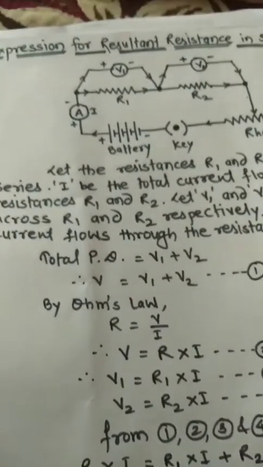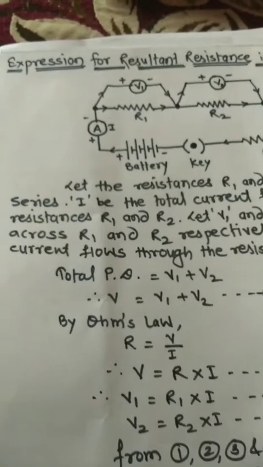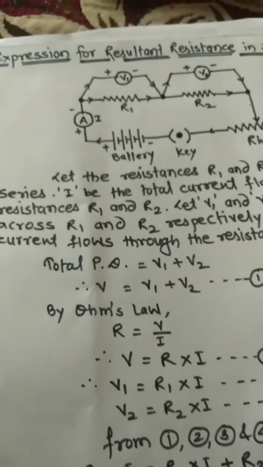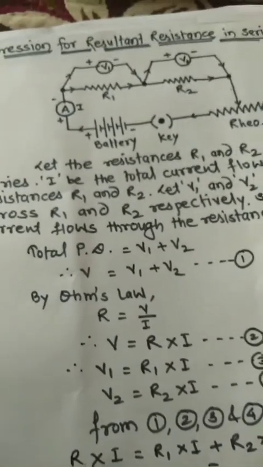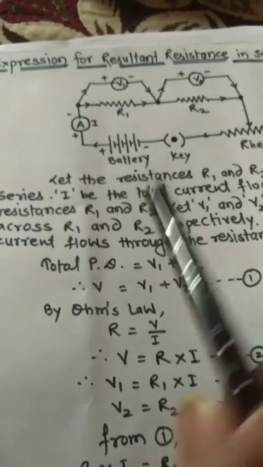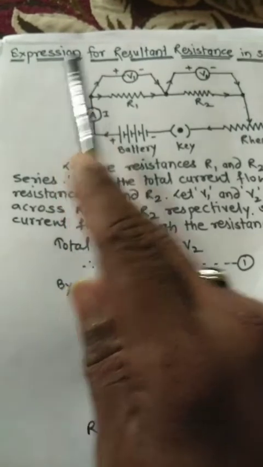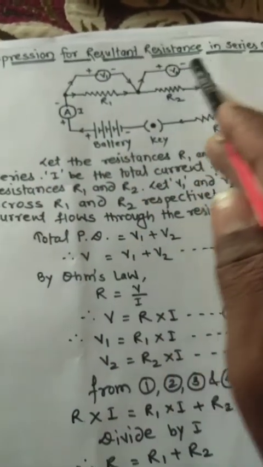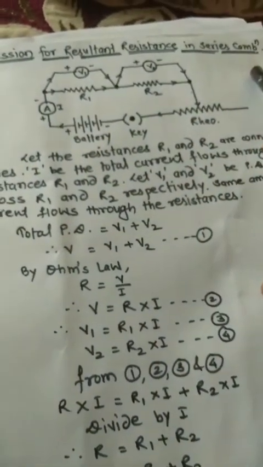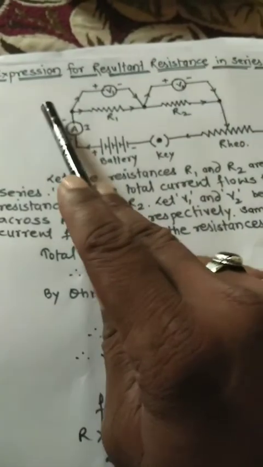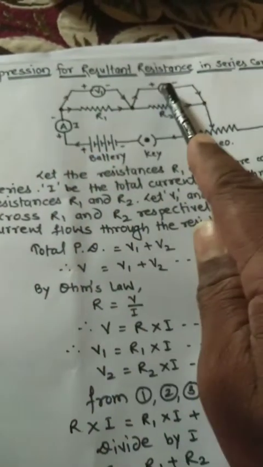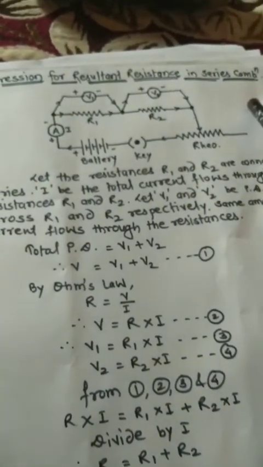Comparatively we studied the characteristics of series combination and parallel combination. Now in that another part, the most important question is the expression for resultant resistance in series combination. How to derive the expression for resultant resistance in series combination?